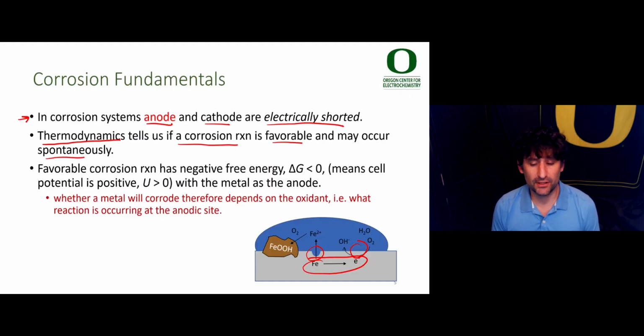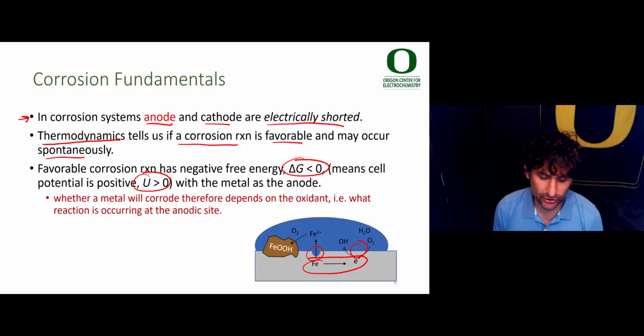Some metals spontaneously corrode under conditions where other metals don't. Favorable corrosion reaction has a negative free energy, of course, which means the cell potential is positive. Remember, U here is cell potential in Fuller and Harb, when the metal is, of course, acting as the anode.